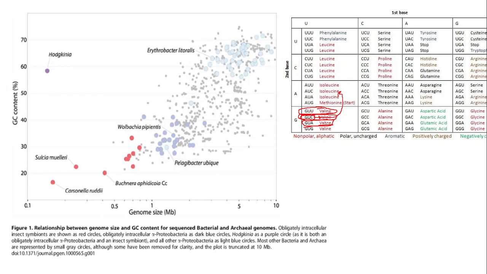Well, all of a sudden, you have a situation where GUC now makes isoleucine. So now you've paired the codon with what we would think of as a wrong amino acid in the standard code. But this doesn't harm the organism, because if you're not actually using GUC, you never need to make a protein with the valine in that position, because you don't have a GUC at all.